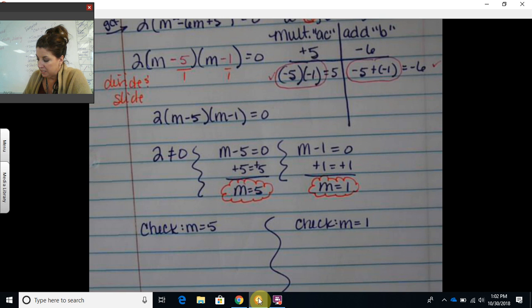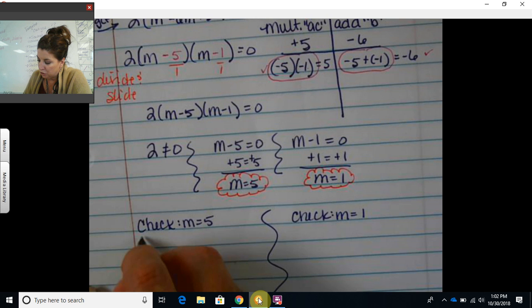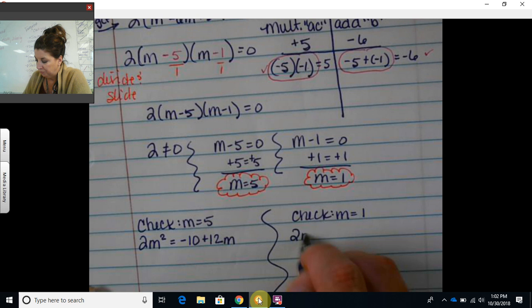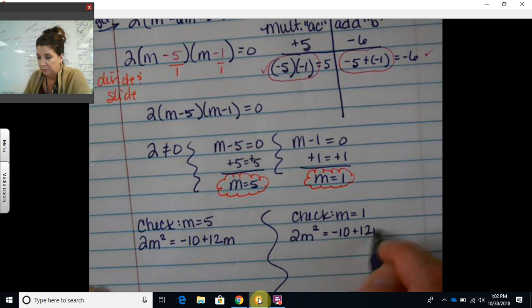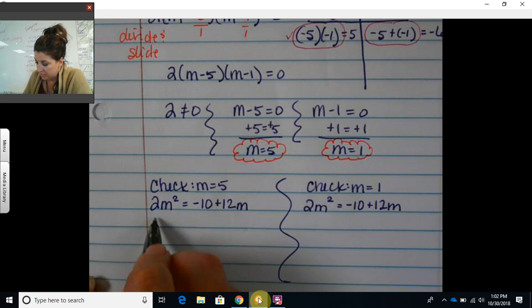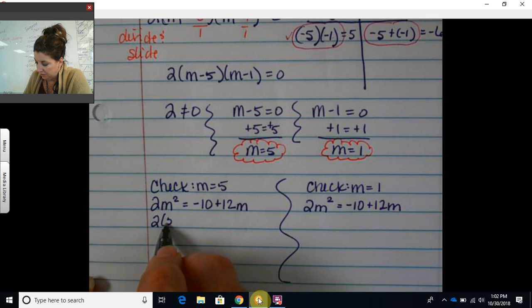So you can either take the original problem, or you can write down the equation once you put it in standard form and set it equal to 0. It doesn't matter. One or the other. But when I check m equals 5, wherever I see an m, I'll substitute in a 5.